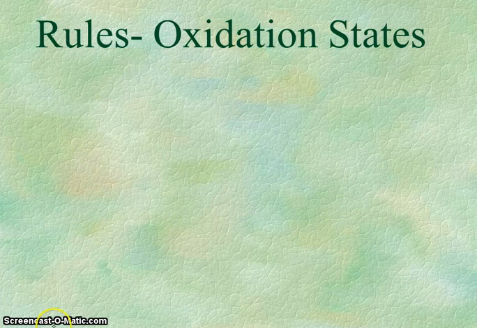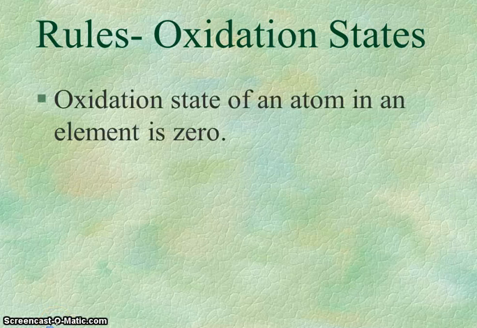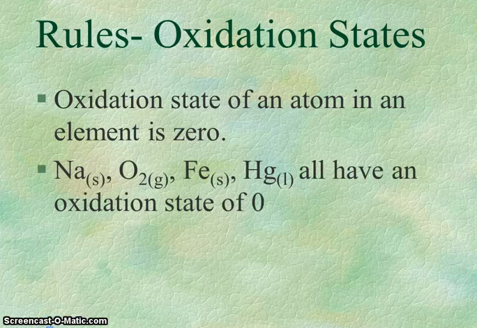So let's look at some rules for oxidation states or oxidation numbers. If we look at a free element, the oxidation state for that free element is always 0. And what we mean when we say a free element, we mean an atom that's not bonded with other atoms in a compound.